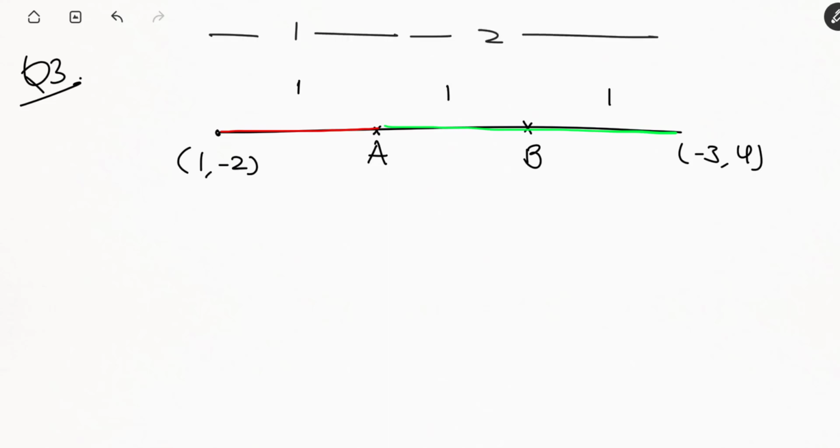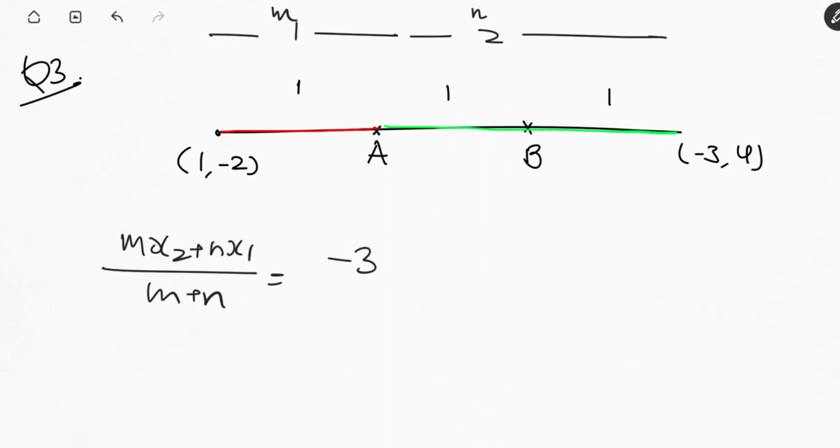This is not the actual number. This is m, this is n, and simply use mx2 plus nx1 over m plus n. That will be 1 times 3 plus 2 times 1 over 1 plus 2, 3. So this will be -1 over 3.